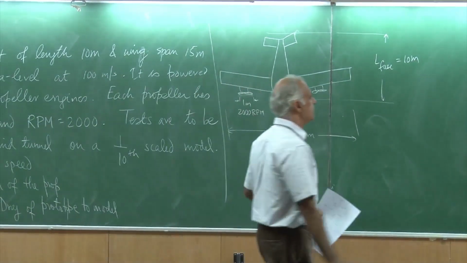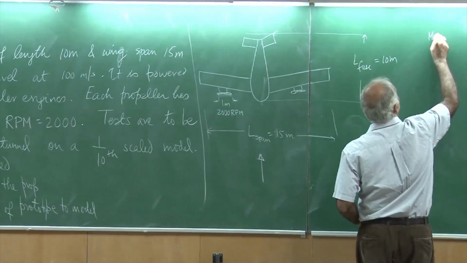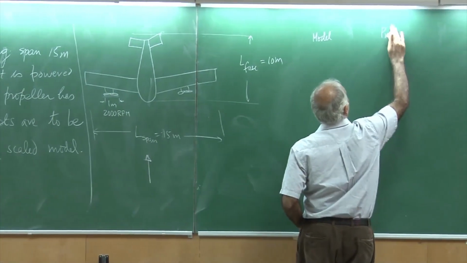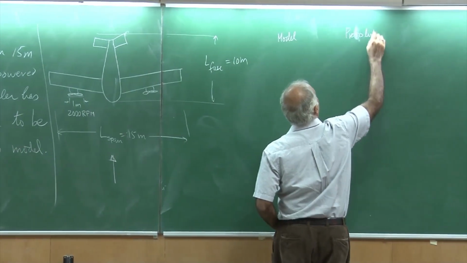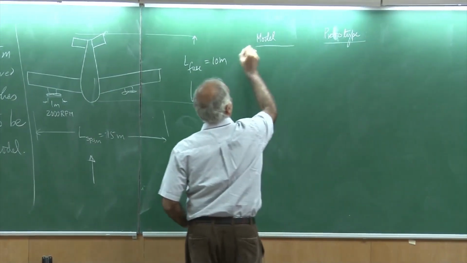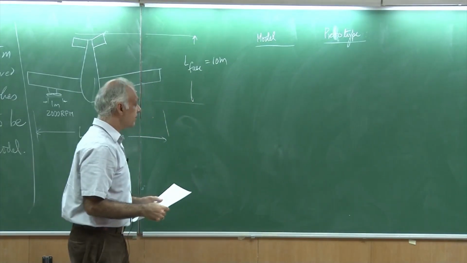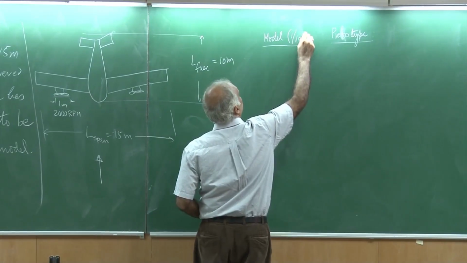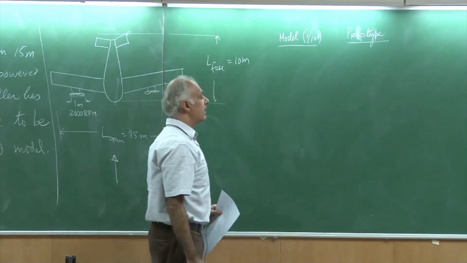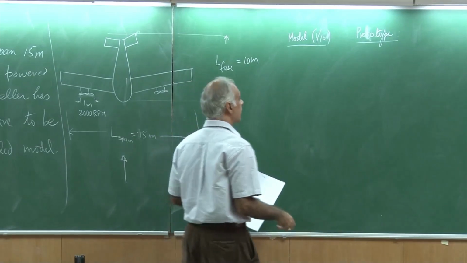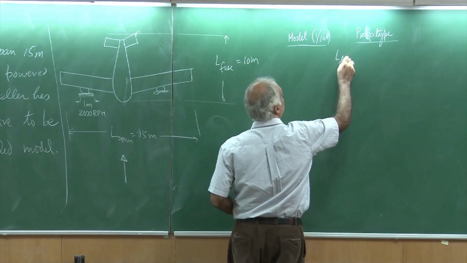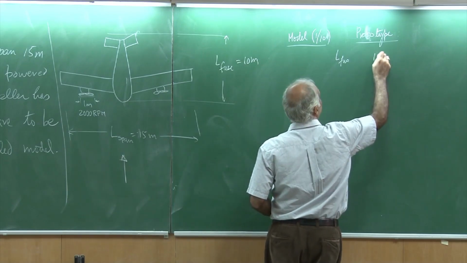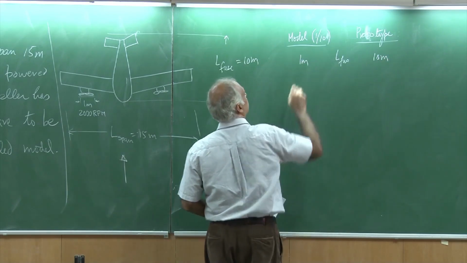So, we will again make the same chart about model and prototype. The model is a 1/10 scale model. So, we already know that if I am talking about the length of the fuselage, then the prototype is 10 meter, so this would be 1 meter.